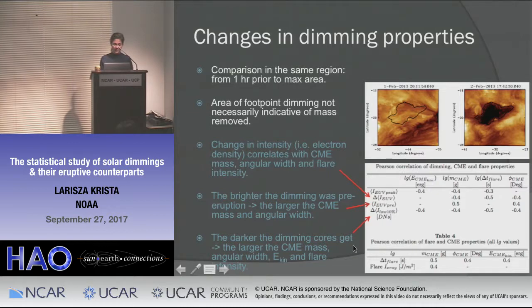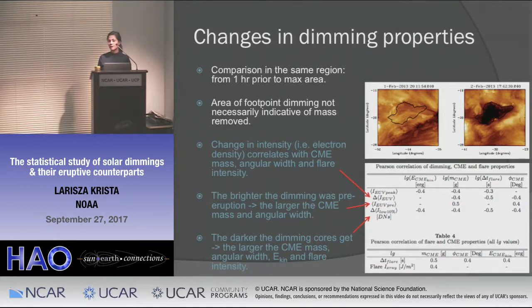And in fact, the intensity change in those cores over time correlated with everything: the CME mass, the CME kinetic energy, the flare intensity, and the CME angular width. Again, nobody likes to look at tables, but I want to point out that the correlation coefficients are indicative of a weak correlation. Now, why is there a weak correlation? Is there a real physical reason for this?